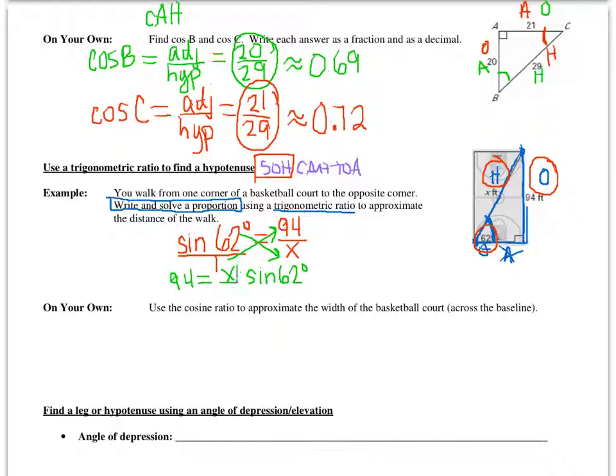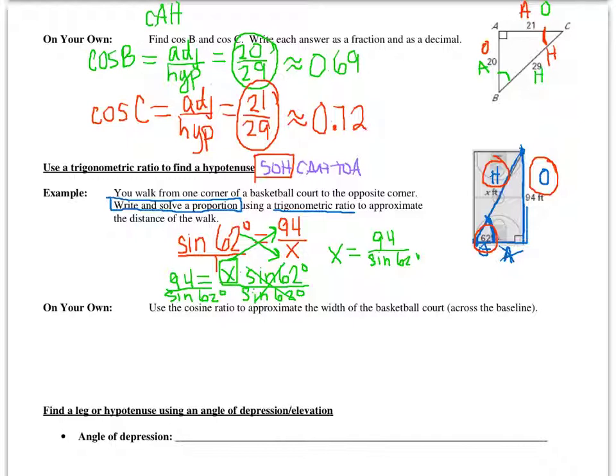If I'm trying to solve for x, I need to move that sine. Since they're multiplied, I'll divide by the sine of 62 degrees, and I have to do that to both sides to get my side length x alone. So those cancel. I now have x equals 94 divided by the sine of 62 degrees.